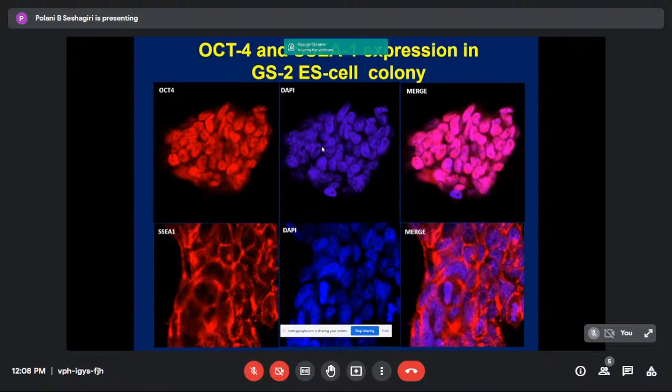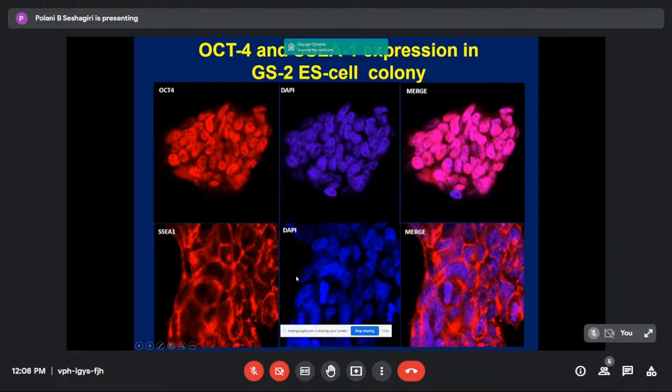You take another example of another protein which is expressed by the stem cell. This is what is known as stage-specific embryonic antigen 1. Don't worry about the name. It has its own initials, SSEA1. And this is in the plasma membrane, the cell's outer membrane, and that's why you see it in the plasma membrane.